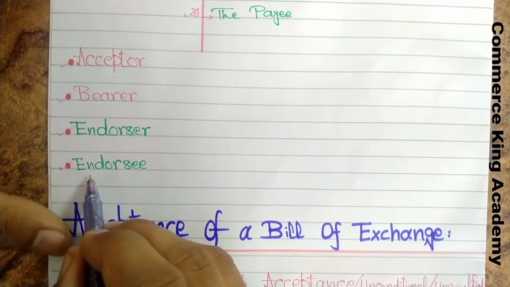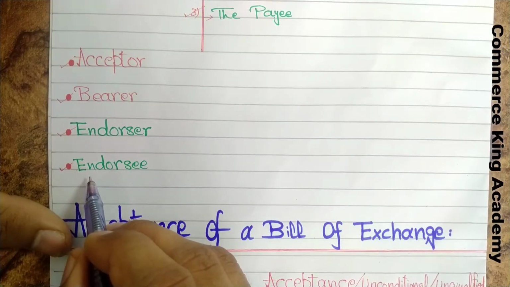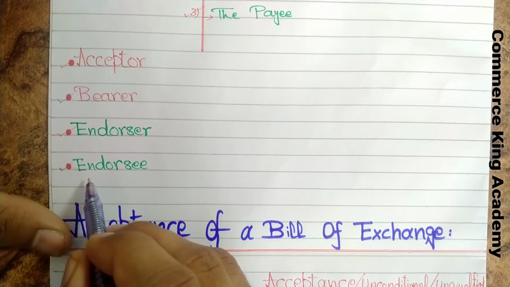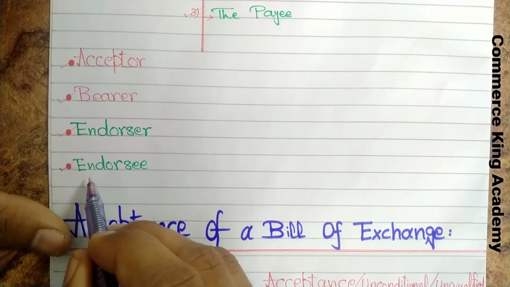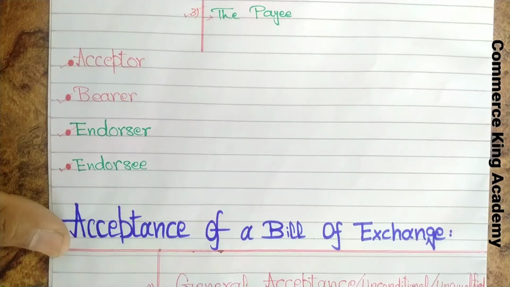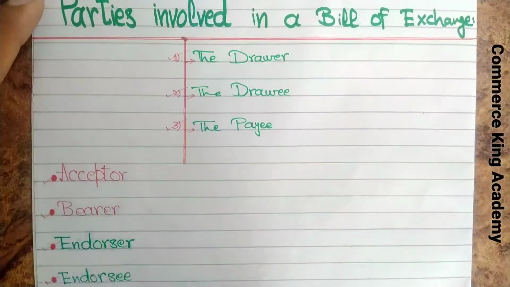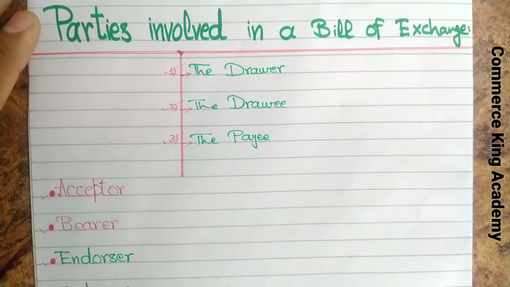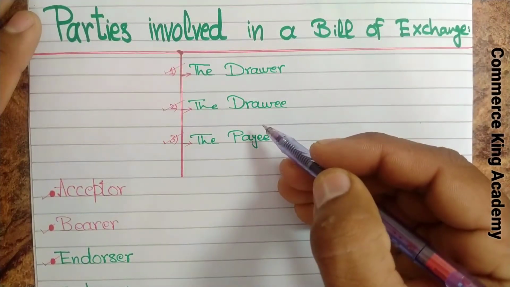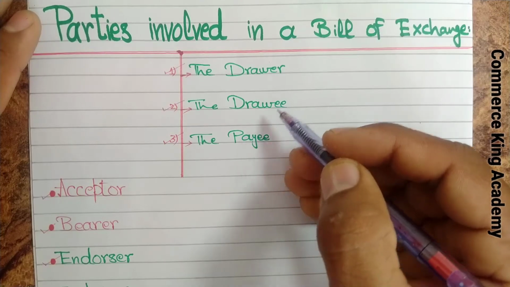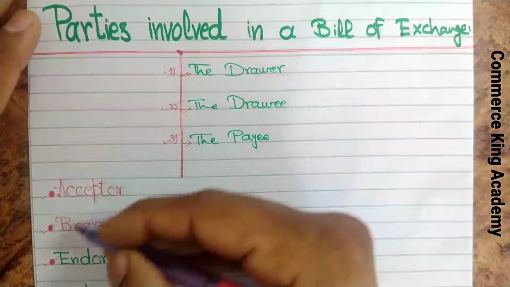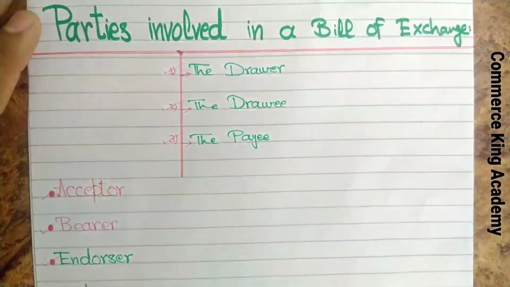The endorsee is the person in whose favor the bill of exchange is endorsed and who receives it after endorsement. He becomes the new bearer and payee after endorsement. This was the short introduction of these terms or parties of a bill of exchange. Now we are going for more explanation about these concepts in further discussion.